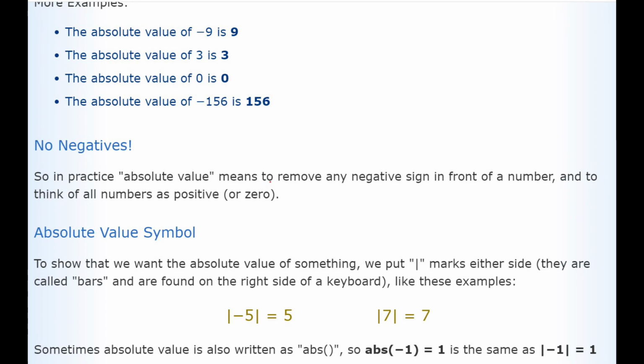You can see here that the absolute value of negative 9 would be positive 9, and 3 is 3, and 0 is 0, and the absolute value of 156 is 156. There are no negatives when you're talking about absolute value because that's how far the number is away from 0. So absolute value means to remove any negative signs in front of the number and to think of the numbers as positives. And these are the symbols you'll see when it's talking about absolute value. The lines next to it, kind of like brackets, mean absolute value.